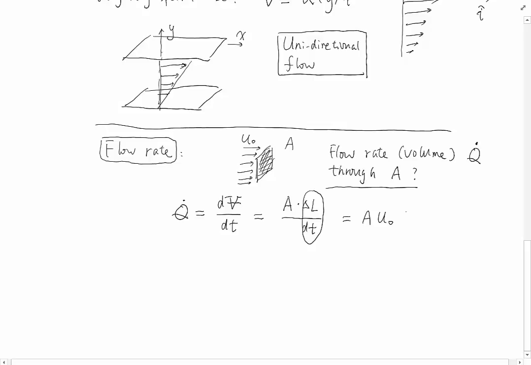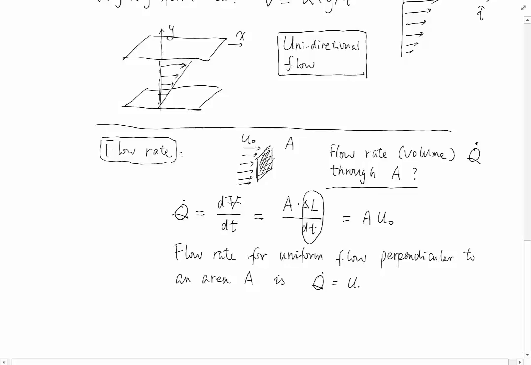Therefore, the flow rate for uniform flow perpendicular to an area is like this: velocity times area.